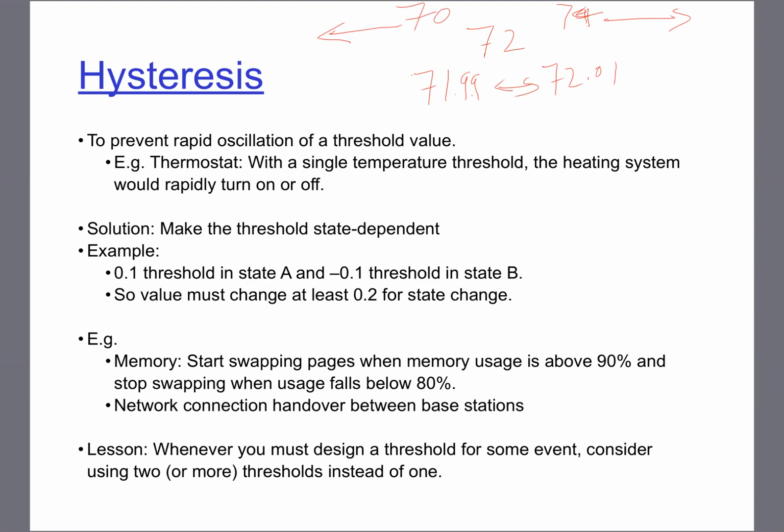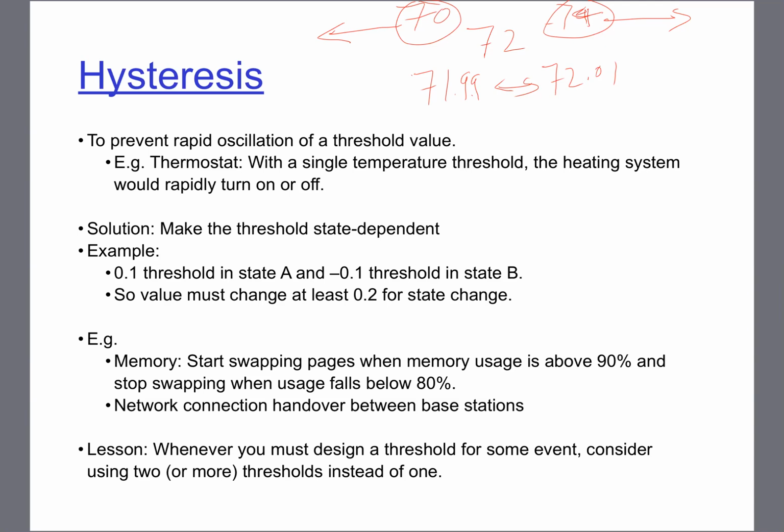So by having two thresholds instead of one, I avoid this rapid oscillation, because once my heating turns on, it would stay on till I reach maybe 72, and then it turns off, and so forth. You are trying to avoid rapid oscillations around a single threshold value.